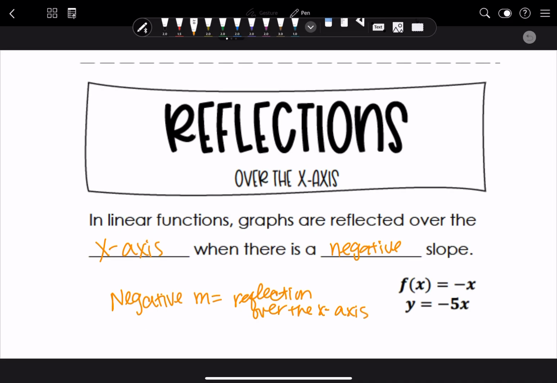And it doesn't matter if it's just negative x, where your slope is a negative 1, or if your slope is a negative 5. Your slope could even be a negative 3/4. And it wouldn't matter, they're all still being reflected over the x-axis.